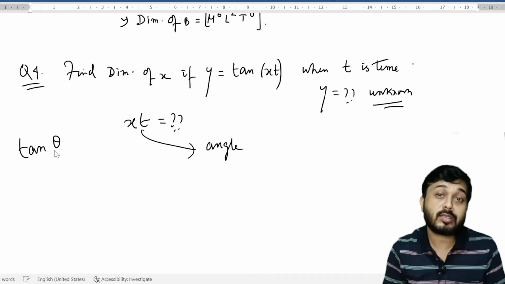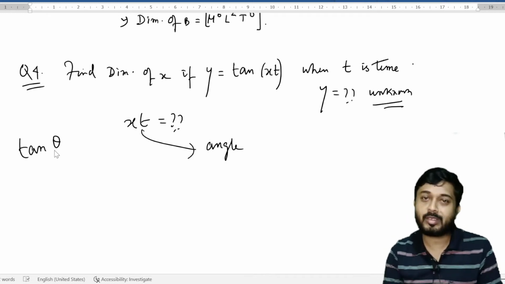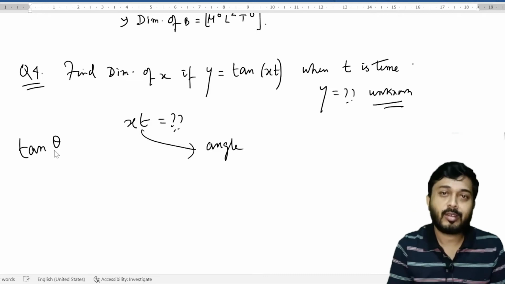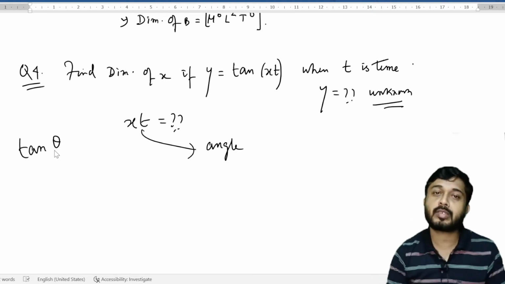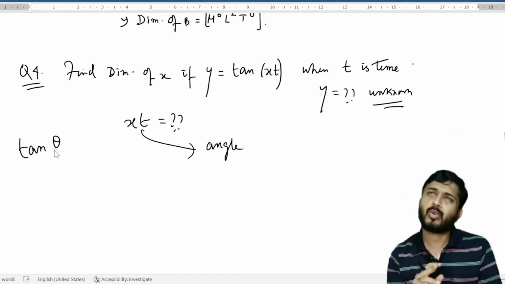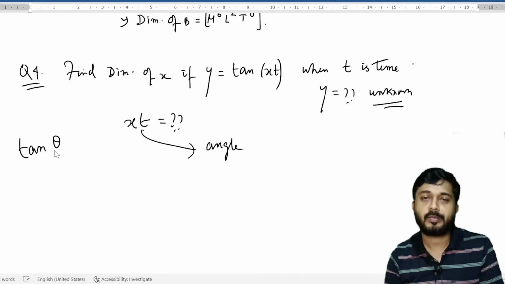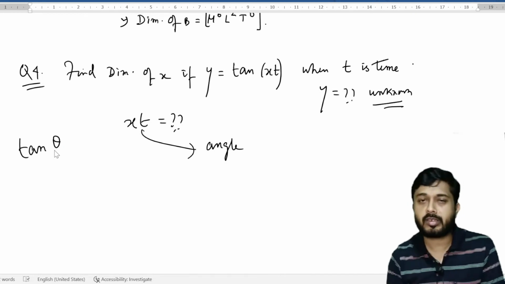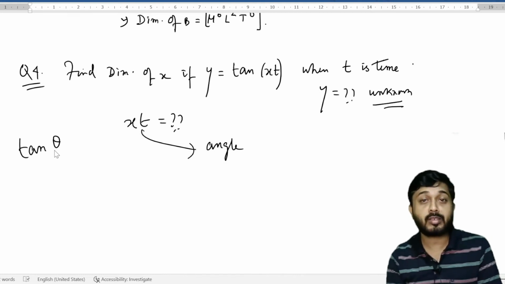Angle, I told you, is dimensionless but not a unitless quantity. In the first video I have told you that there are quantities which are dimensionless but not unitless. Two such examples are angle and solid angle. But there are no quantities which have dimensions but no units. There are quantities which are dimensionless but having units.